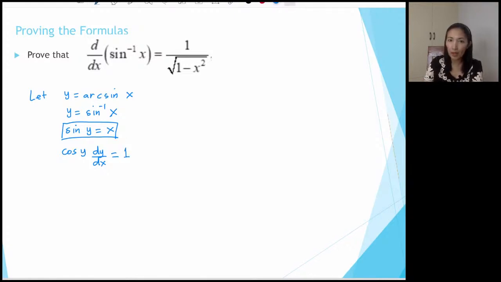Now solving further, dy over dx is equal to 1 over cosine y.